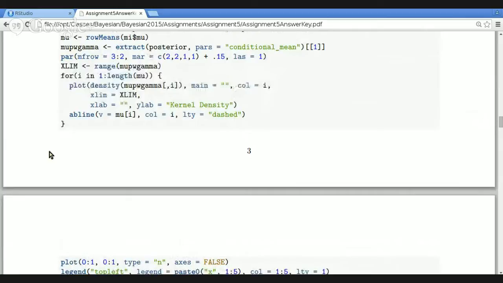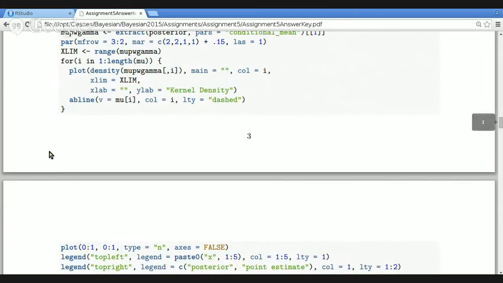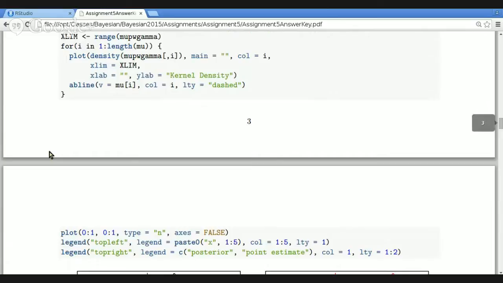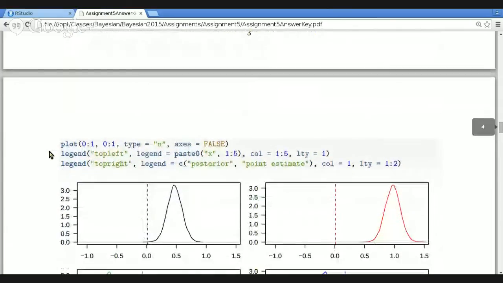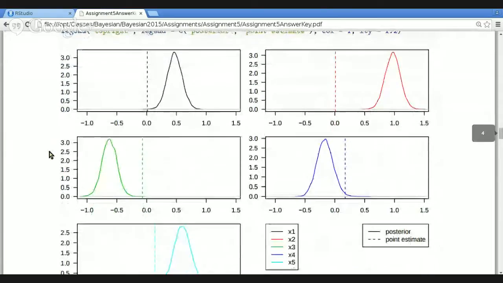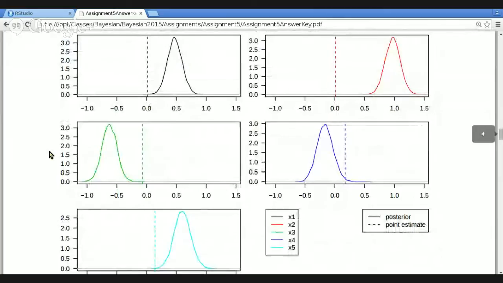And we can compare the mean that Amelia estimates to the posterior distribution of the mean that we got from Stan, and you can do this comparison a variety of ways. I made some plots like this for each of the 5 variables.